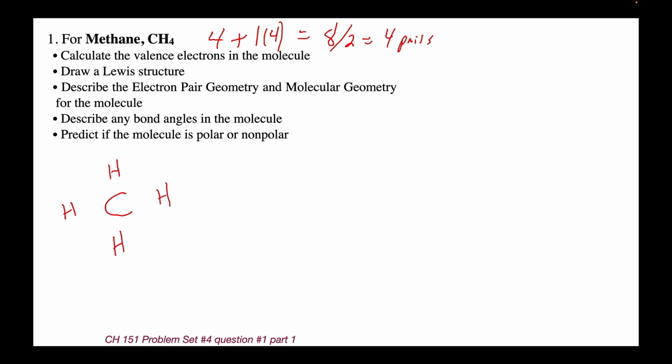Now, right now, those hydrogens can drift away from the carbon with no problem unless I somehow tether them to the carbon. And so I'm going to create what's called a sigma bond or a single bond, depending on how you think about it, which is basically just a connection that keeps the hydrogens from floating away from the carbon. Now, each one of those lines I just drew is called a bonding pair.